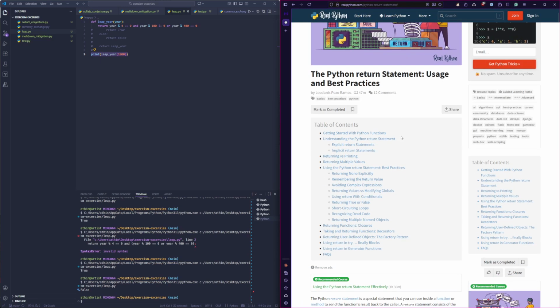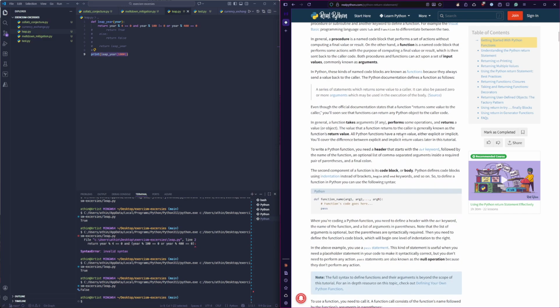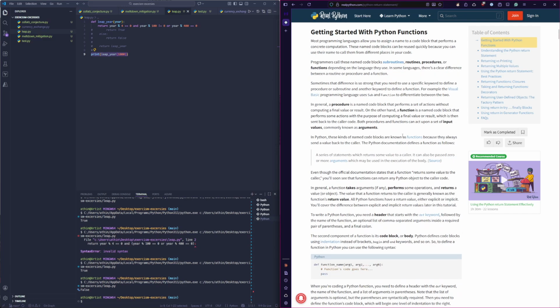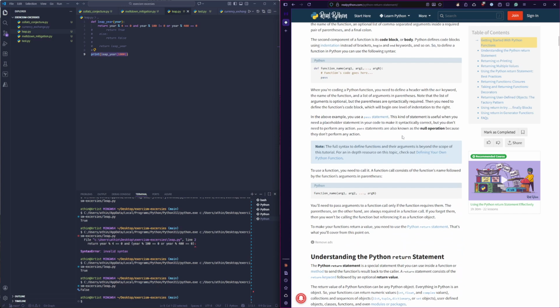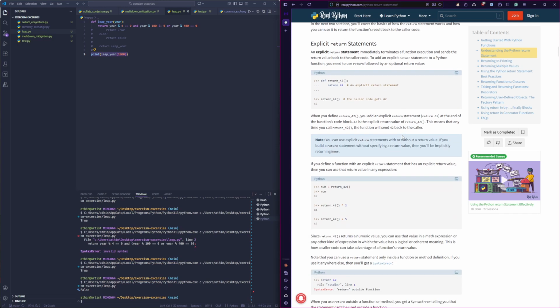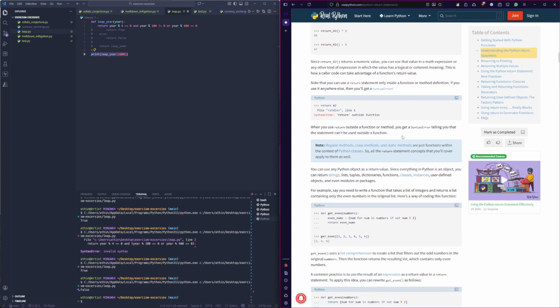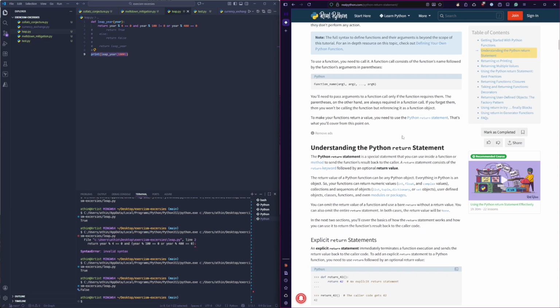Or return statement, whatever. So basically it returns a value.